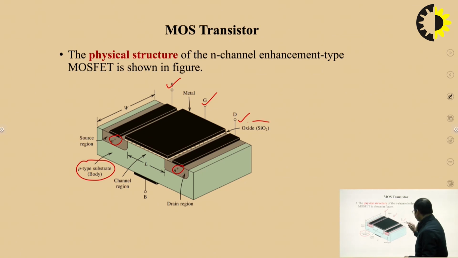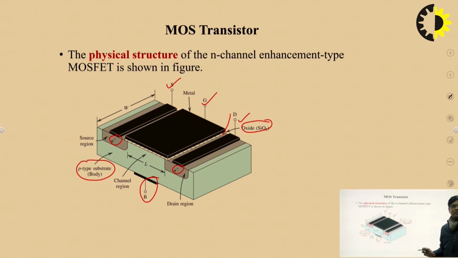Here we can see the SiO2 layer in white color, a thin layer which separates the gate terminal from the semiconductor wafer. And then there is a fourth terminal in the MOSFET, which is known as substrate or body, the body terminal.